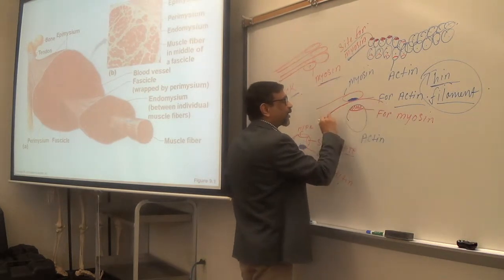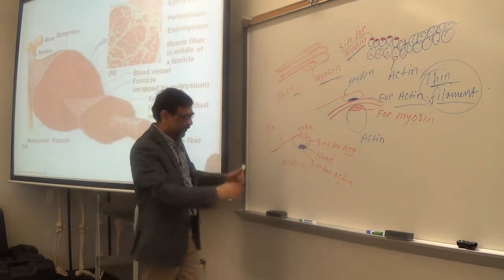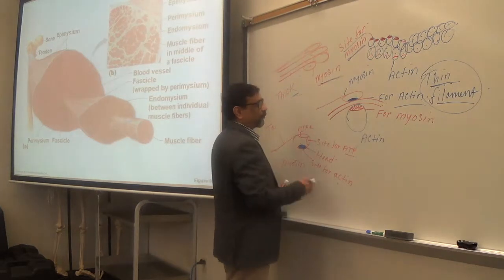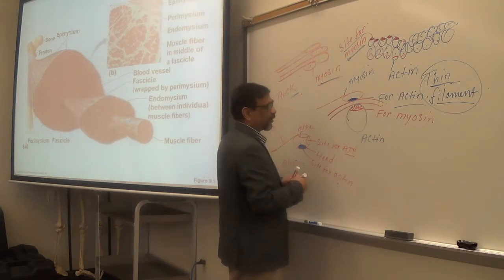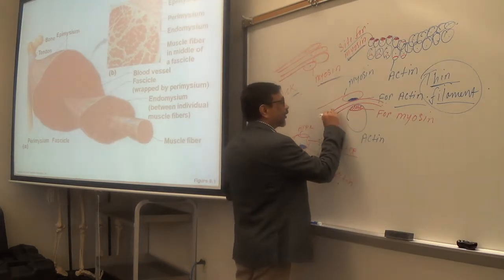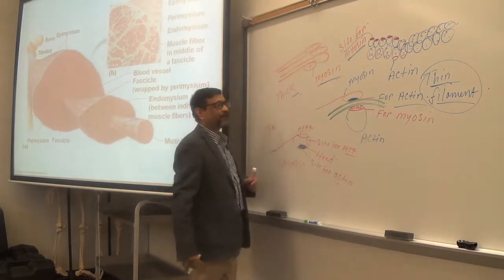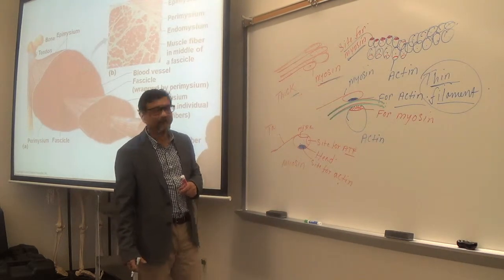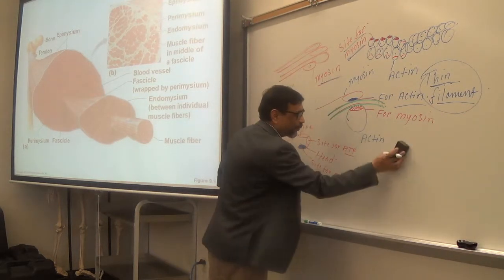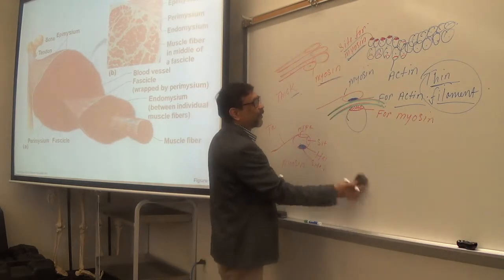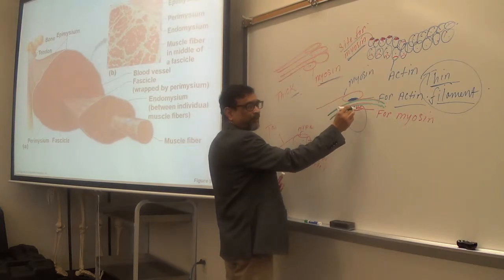A rope-like structure, it is also a protein. All these are protein structures. Let me use a different color. A rope-like structure covers the actin ball. Keep them separated. Keep the actin and myosin what? Separated. So the myosin head cannot get attached to the actin ball.